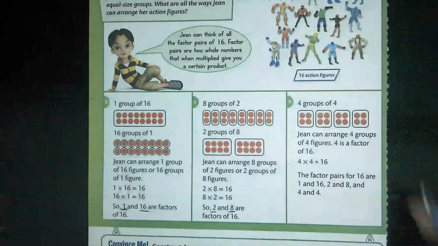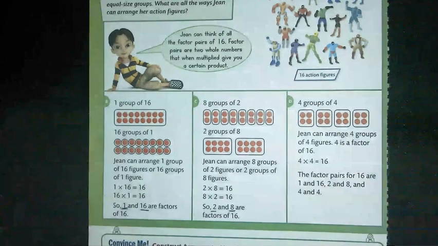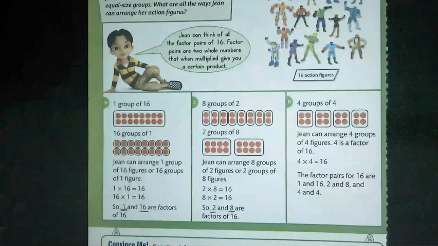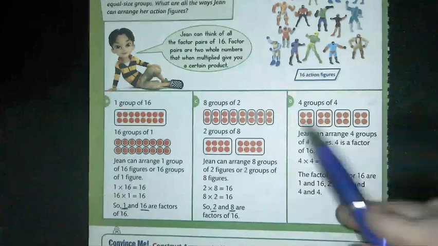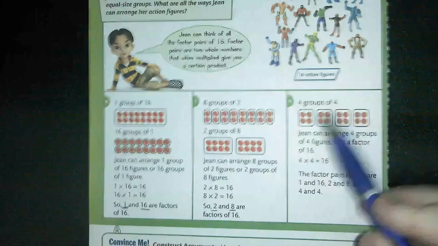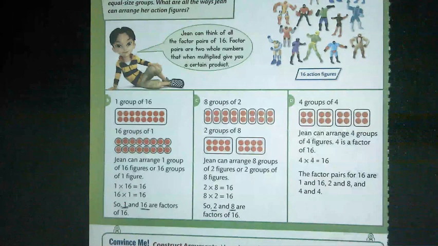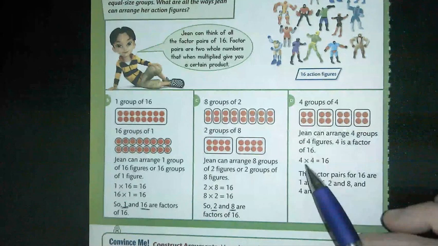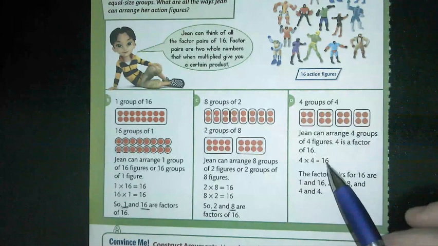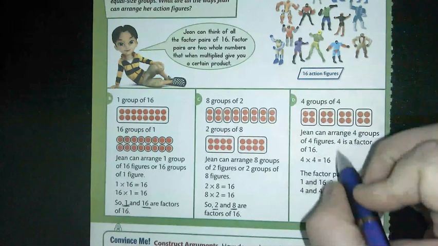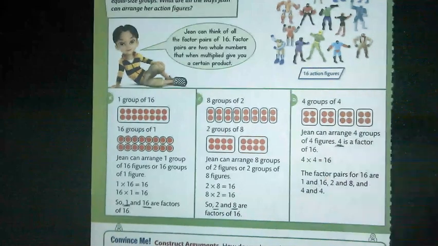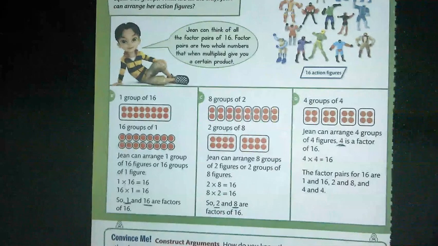Our last one, letter D, says we can make 4 groups of 4. So we have 4 different groups here, and inside each one we've got 4 action figures. So 4 times 4 equals 16. We're going to underline 4 right there. Here are our factor pairs.